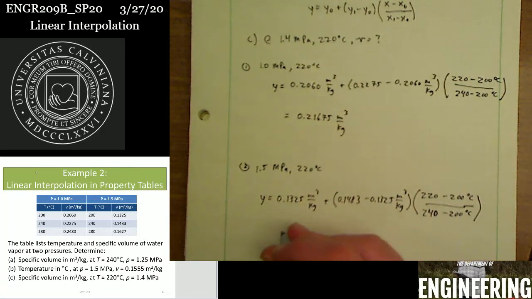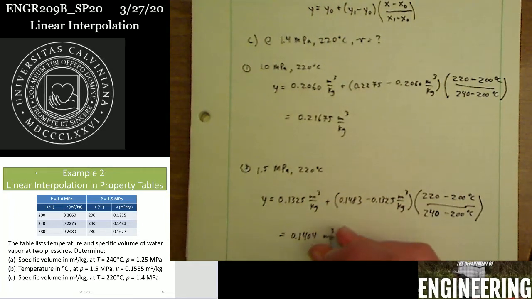And so at this point, this ends up being 0.1404 meters cubed per kilogram.